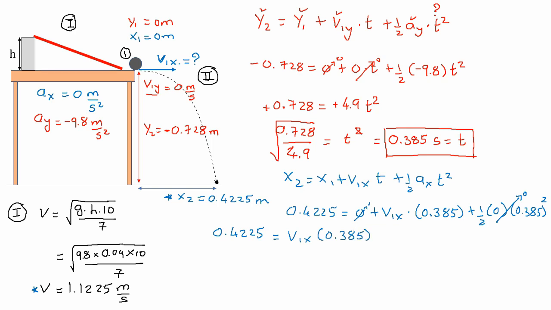Alright, so if we bring 0.385 to the left, it gets divided by, and that turns out to be 1.097 meters per second.